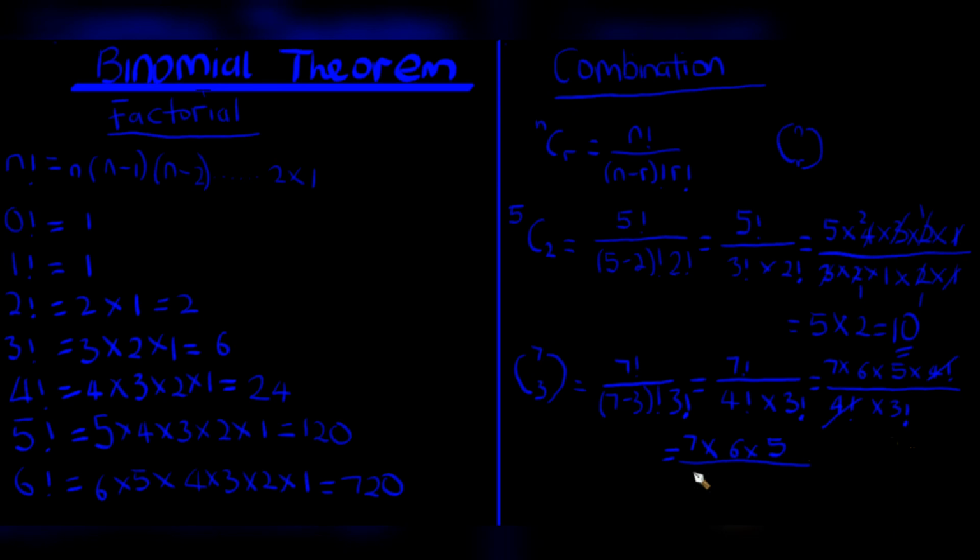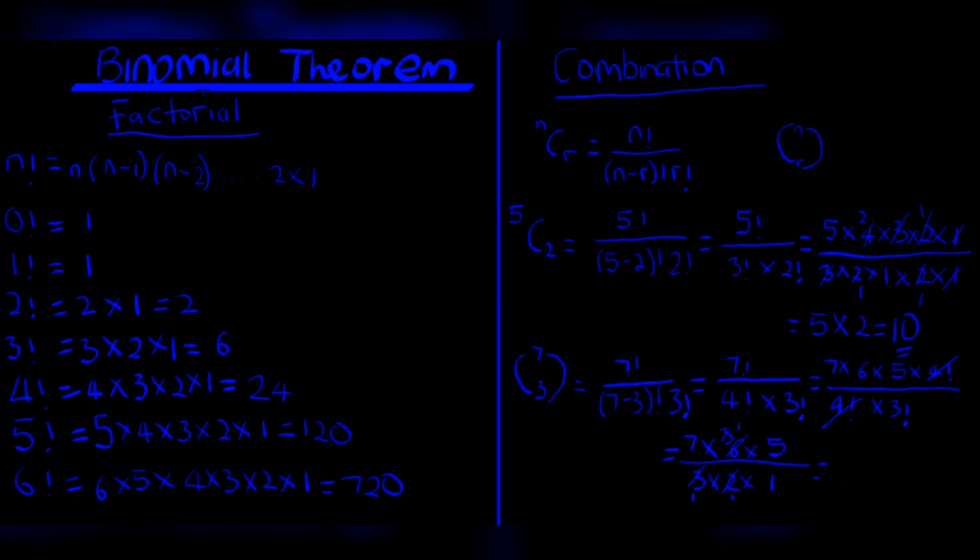So 3 factorial gives us 3 times 2 times 1. Can anything cancel out? Yes, most certainly they can. 2 into 2 gives 1; 2 into 6 gives us what? 3, right? 3 into 3 gives us 1.